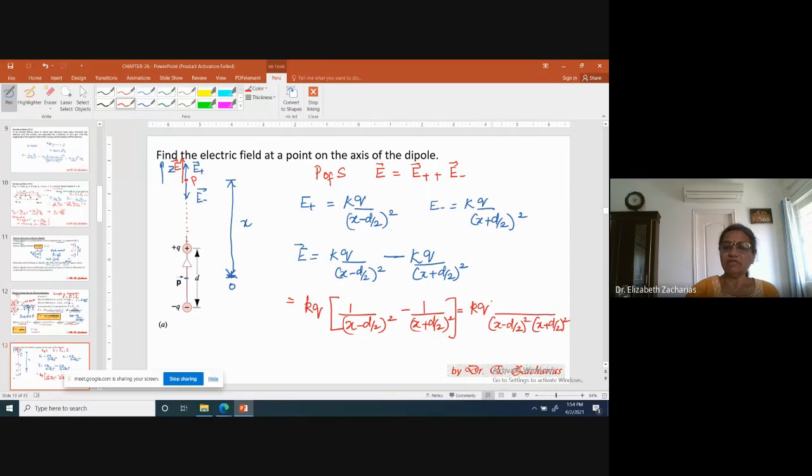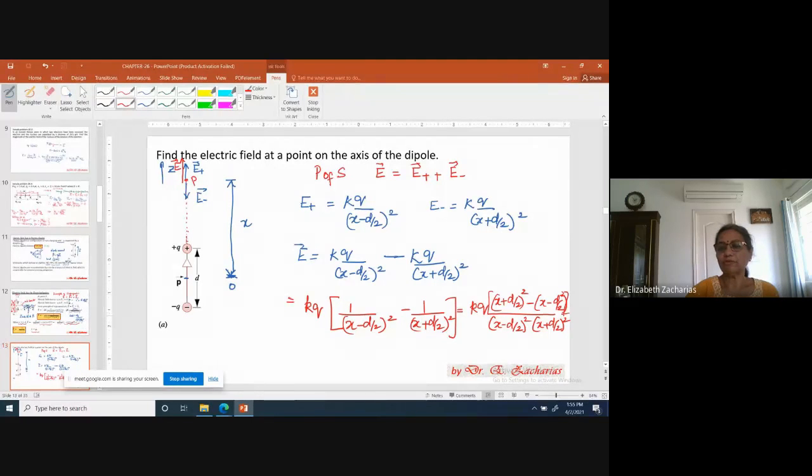And in the numerator, I'm going to get x plus d by 2 whole square minus x minus d by 2 whole square. Okay, then what happens after that? After that, what happens?